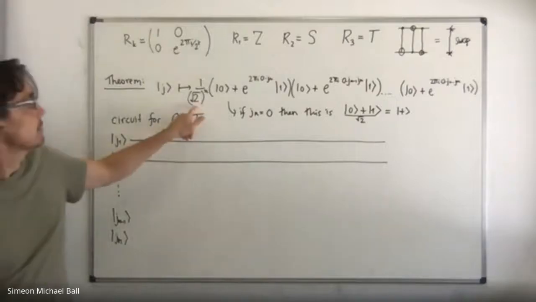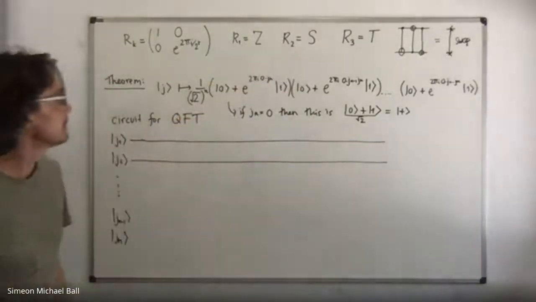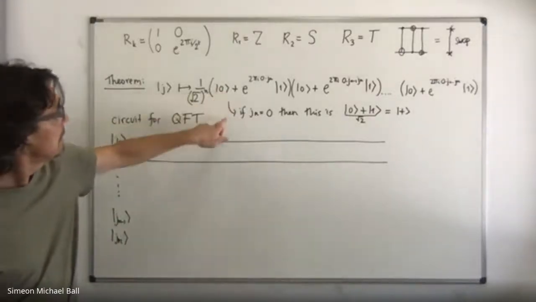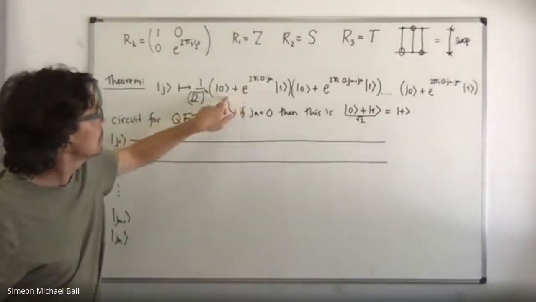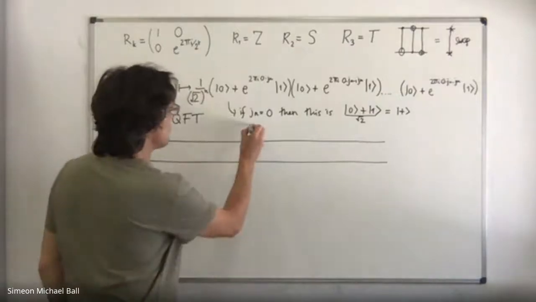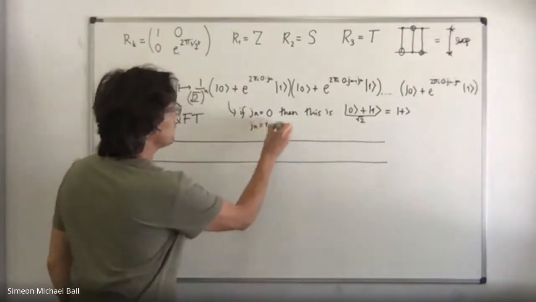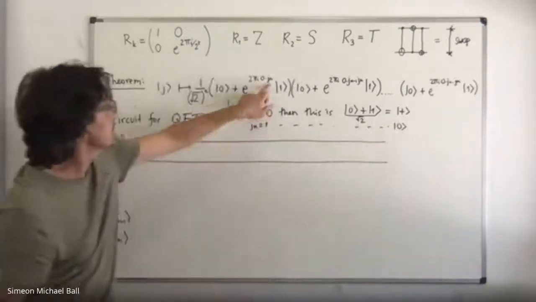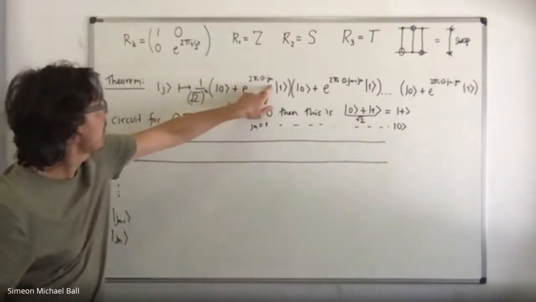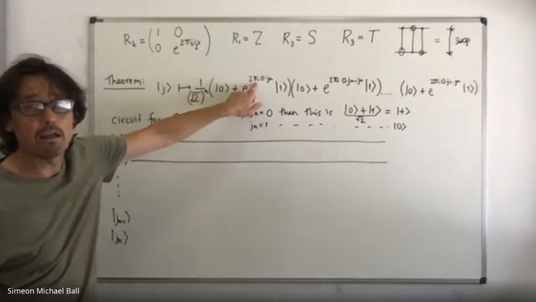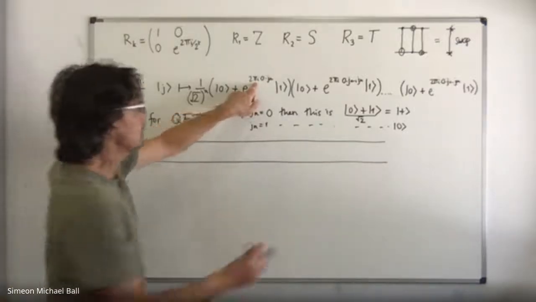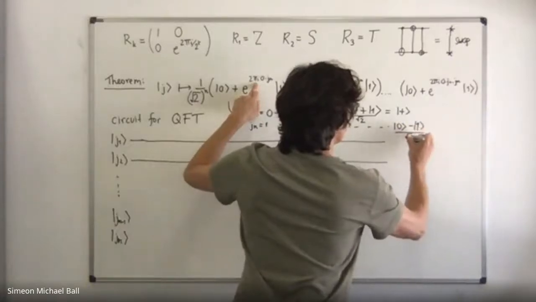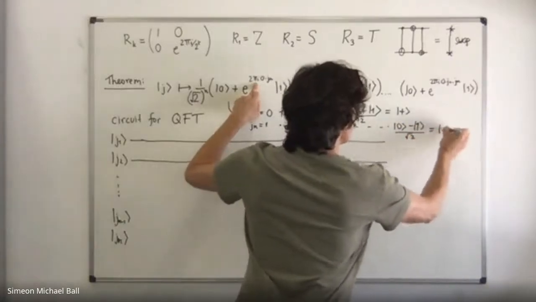So we're going to imagine each one of these root 2s is under each one of these, there's a root 2 under each one of these terms. So if j is 0, then here I've got 0, I've just got plus, and if j is 1, then this is 0, j is 1, so this is a half here, and this is e to the pi i, which is minus 1, so this is 0 minus 1, which of course is minus.